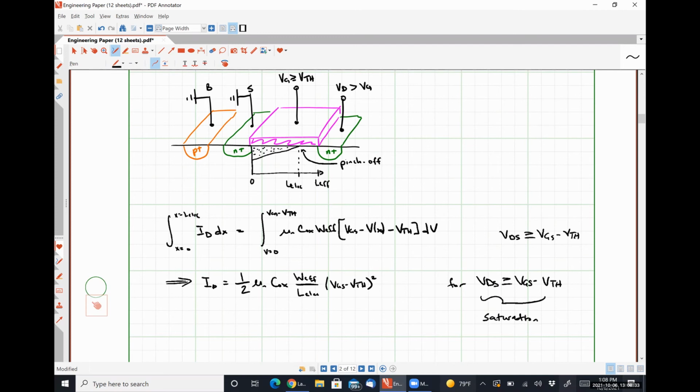Okay. So what the saturation region means, and this is generally what saturation means in electrical engineering, is that an increase in the input voltage, VD in this case, does not cause a corresponding increase in the output signal, which in this case is the drain current ID, right?